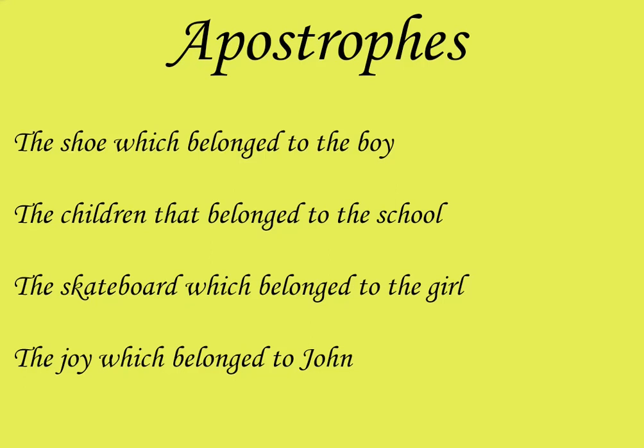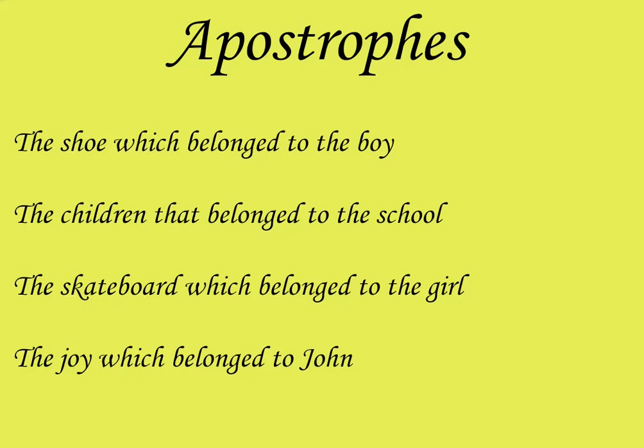Apostrophes are also used to show possession, that something or someone is owned by something else. Here we have got the shoe which belonged to the boy, the children that belonged to the school, the skateboard which belonged to the girl, and the joy which belonged to John. In each of these cases we can change the sentence to make it much shorter and more concise, let alone sounding a lot more natural, by using a possessive apostrophe.